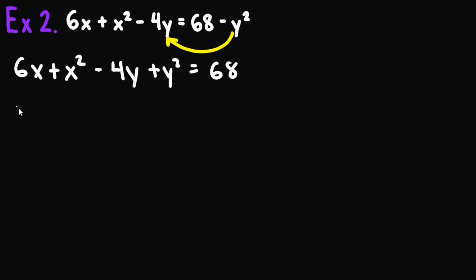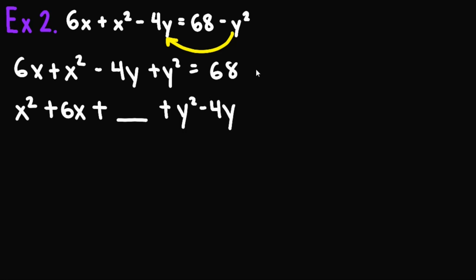So we have x squared plus 6x, and let's put a blank out here already, plus y squared minus 4y plus blank out here equals 68. Also, take note that our form out here isn't really in its standard form, but it's still in expanded form. So it's nice to try out how to do this.